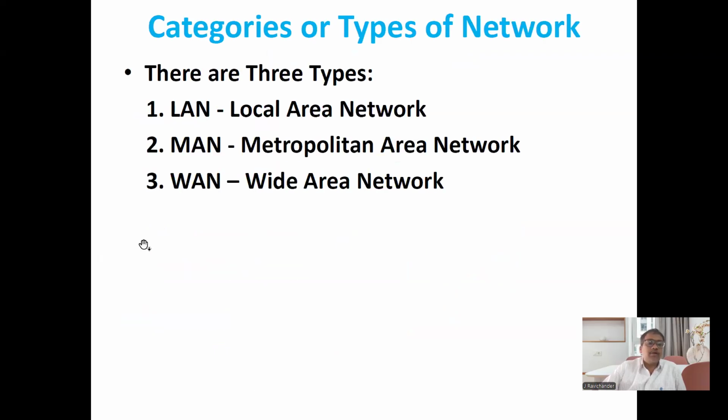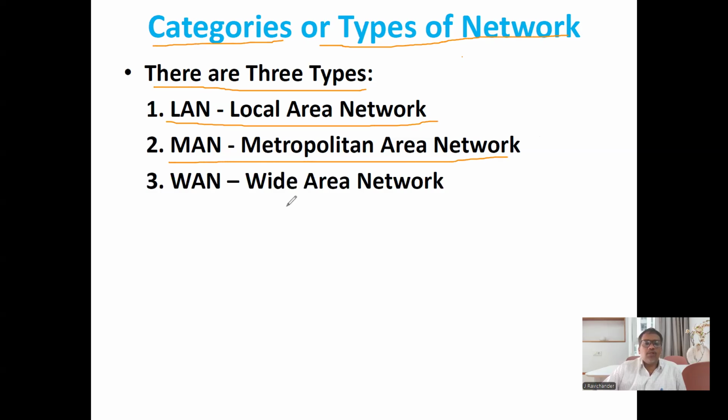Now we will discuss one important topic, that is categories or types of networks. Basically, there are three types of networks. One, local area network, LAN. Next, metropolitan area network, MAN. And wide area network, WAN.